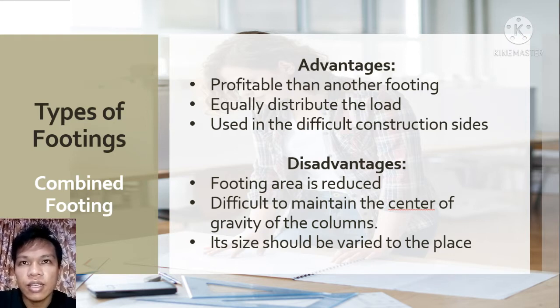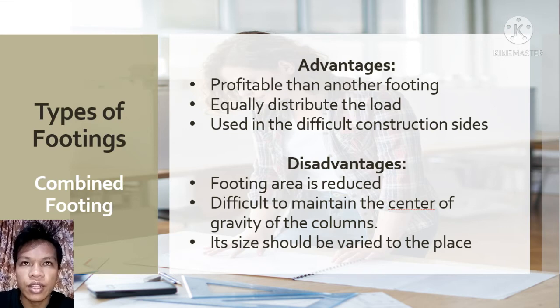Advantages. This type of combined footing is more profitable than other footings. The combined footing is provided to equally distribute the load of a superstructure to the subsoil. The combined footing can be used in difficult construction sites. These are the disadvantages of combined footing.